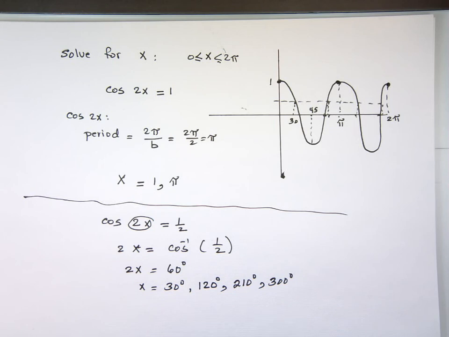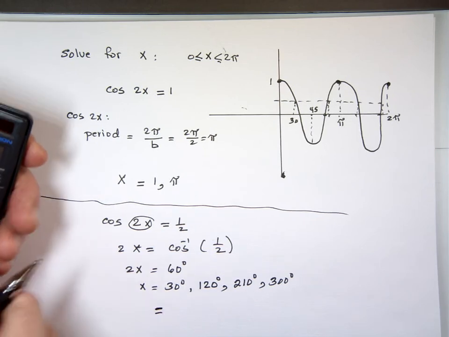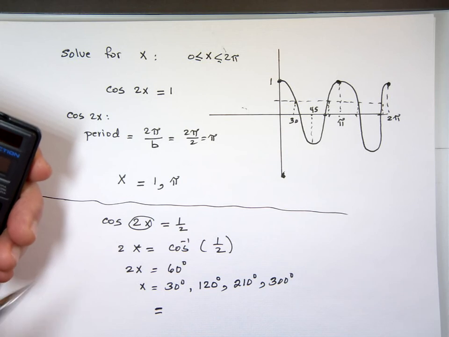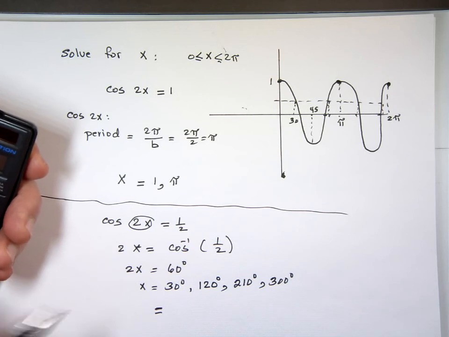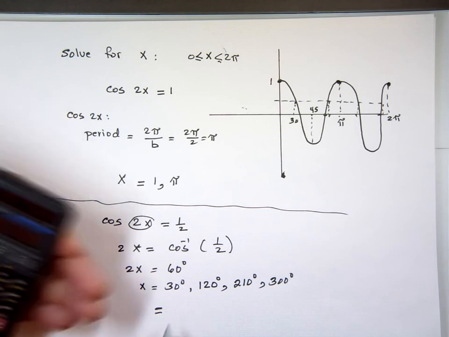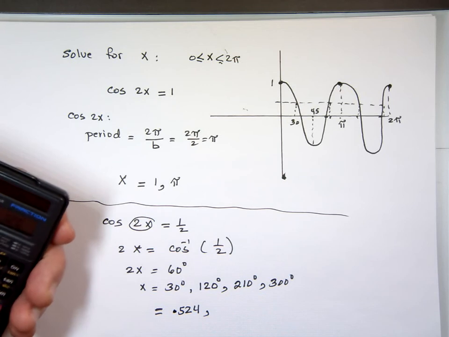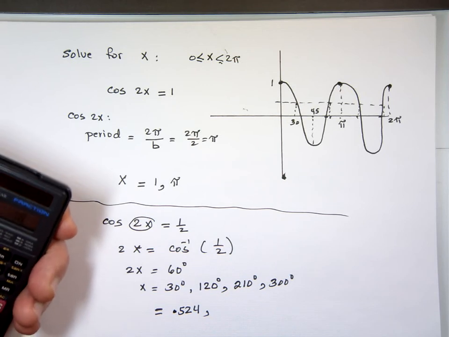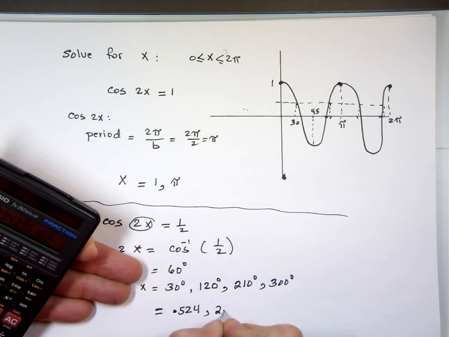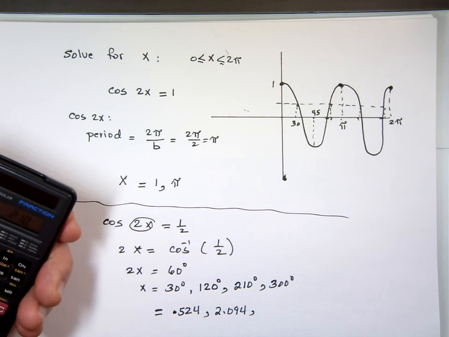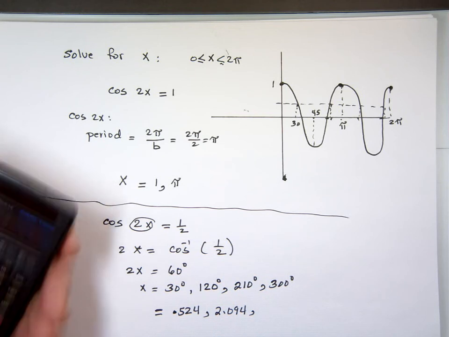So now you want to convert these to radian. You do the same thing we did before. 30 times pi divided by 180: 0.524. 120 times pi divided by 180: 2.094. 210 times pi divided by 180: 3.665.